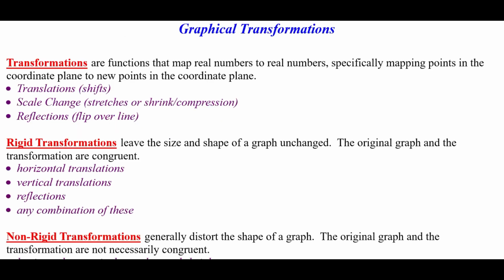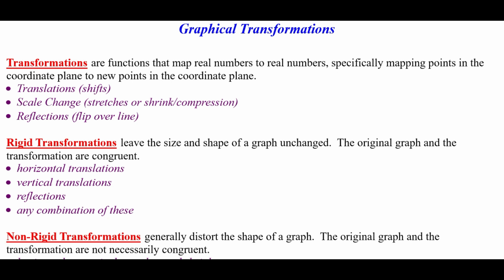So just some terminology. A transformation is basically any mapping of the graph or equation that you start with to the new one. They can include translations, which are shifts, scale changes, which are stretches or shrinks or compressions, and reflections, which are flipping. We will specifically only look at reflections over the x and y axis.